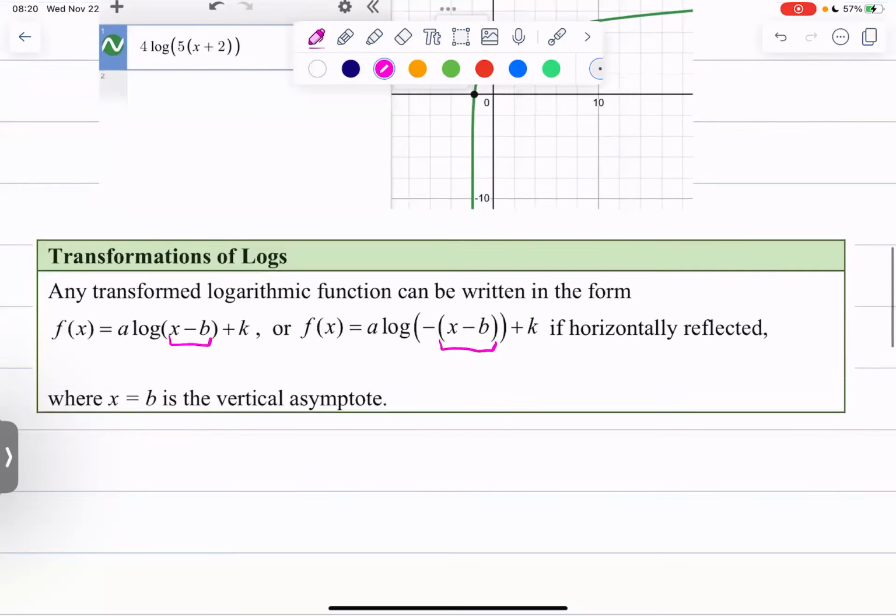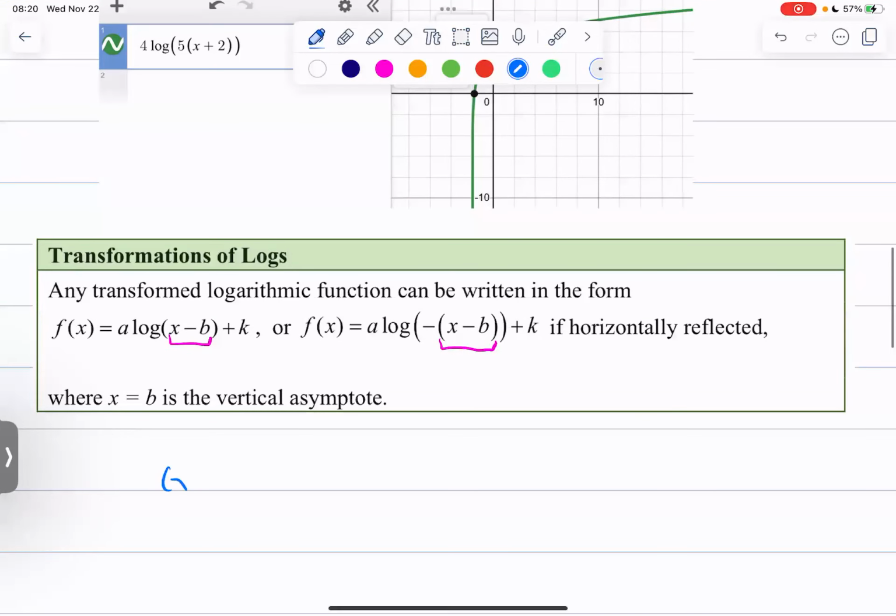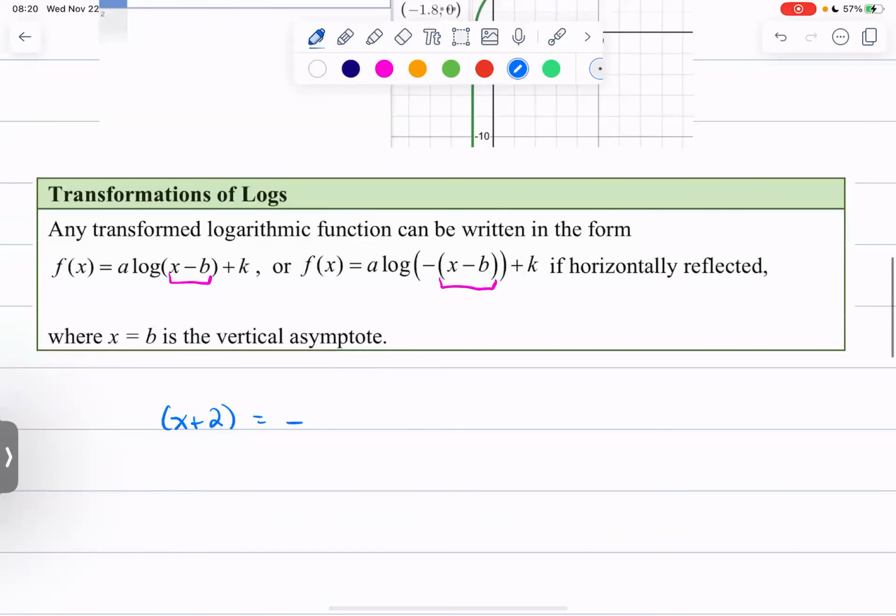X plus 2 is the same thing as negative 2 negative x minus 2. Because when I bring this in, x plus 2.